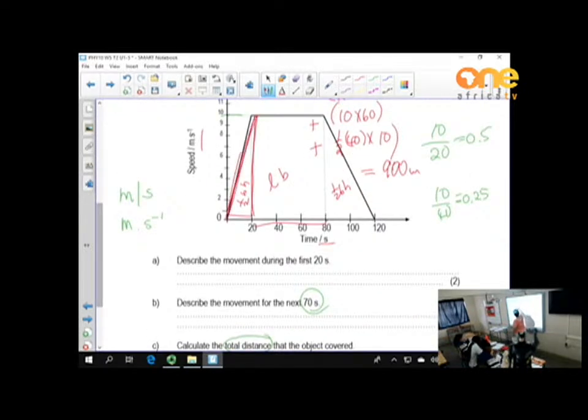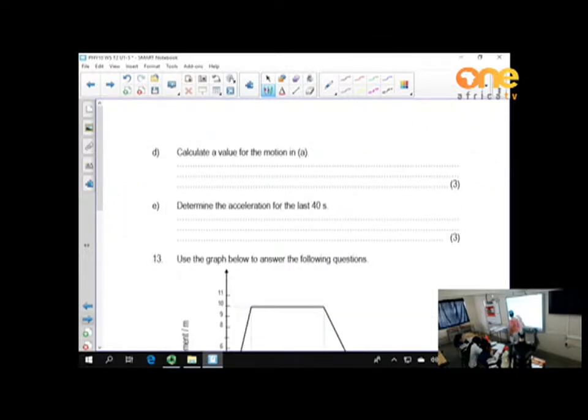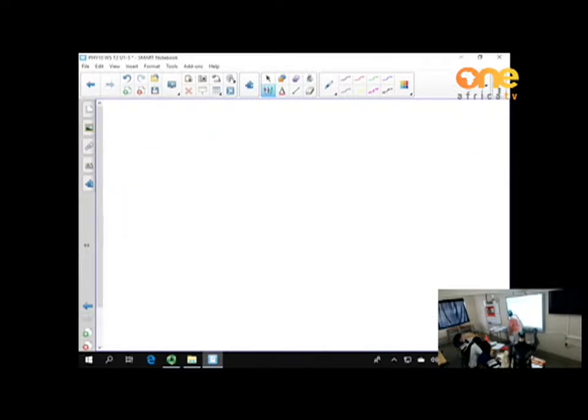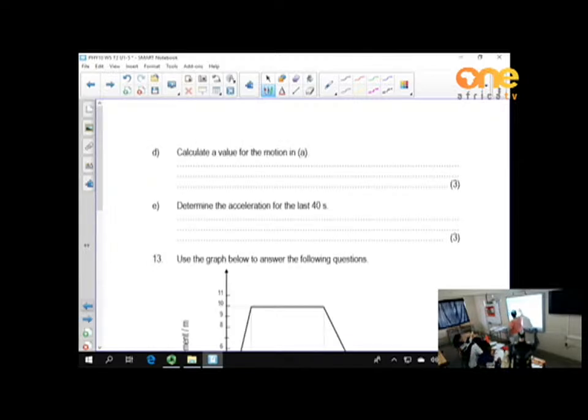So it's change in y over change in x. 10 divided by 20 is equal to 0.5 meters per second squared. And you need to know it's the gradient. It's 1 mark for knowing you need to calculate the gradient, 1 mark for working out what the values are, and then 1 mark for the answer.